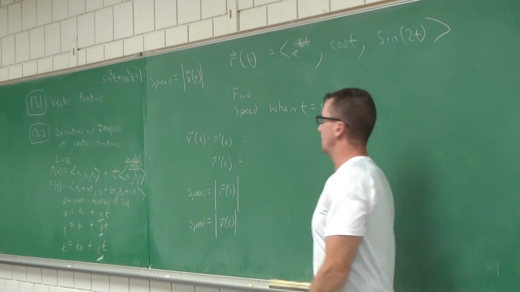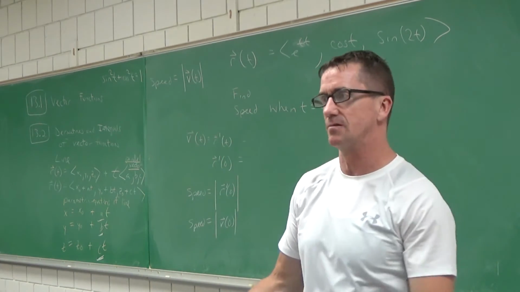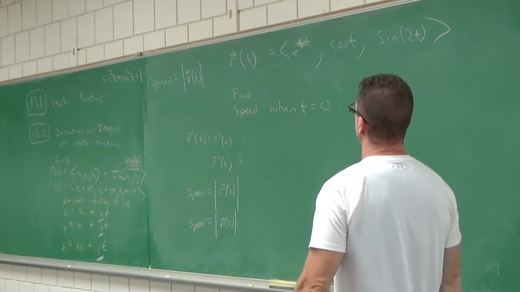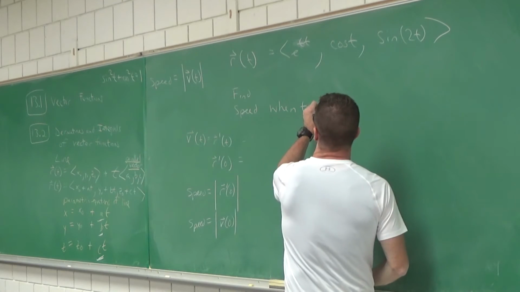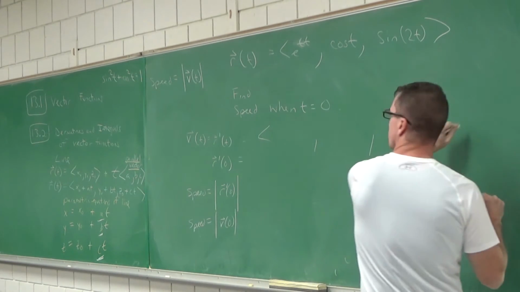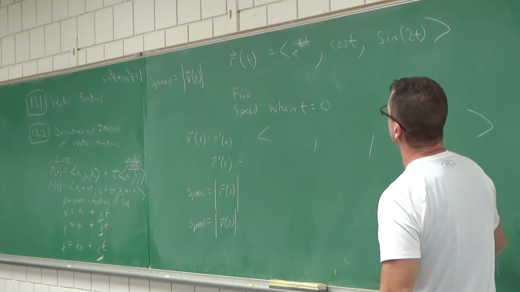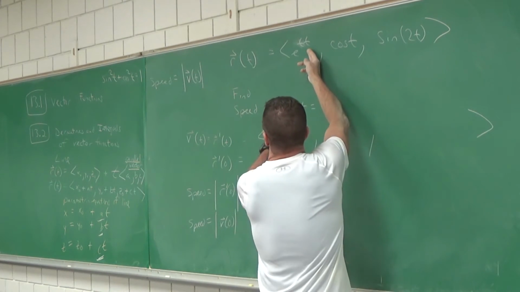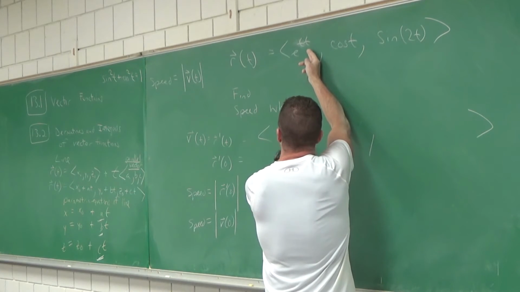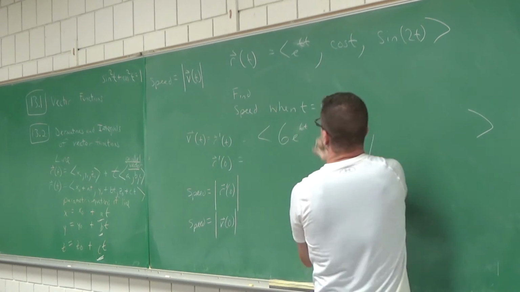Again, we'll find r prime of t, then r prime of 0, then take the magnitude of r prime of 0. The reason I want to do another one, everyone, is it gives us extra practice with things like product rule and chain rule. What's the derivative of e to the 6t? 6e to the 6t. Let's do cosine of t.